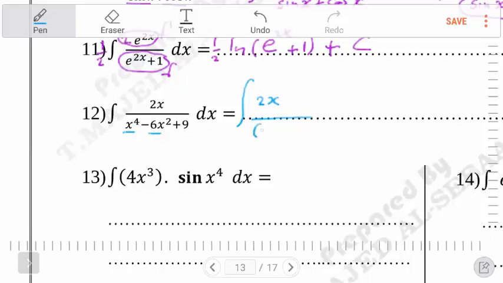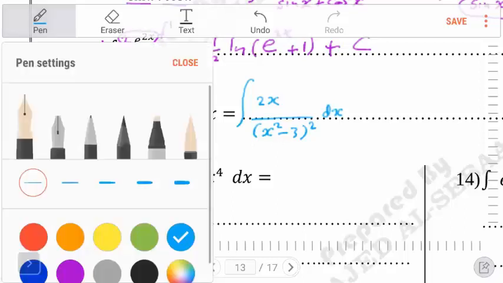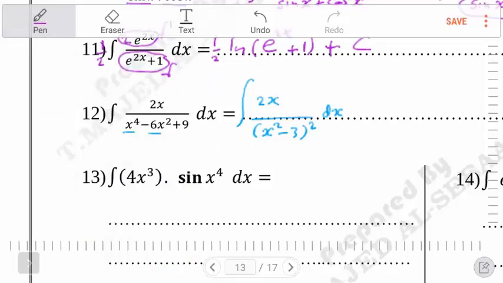Can't I write it as x squared minus 3, all squared? Yes, I can. Because if you open this bracket, what will we have?